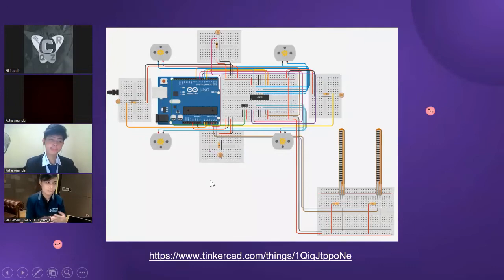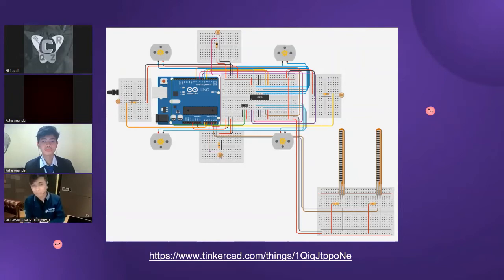If the left sensor detects light higher than any other sensor, it will rotate left and make the robot search for the focus of the light. And this is the automatic system.